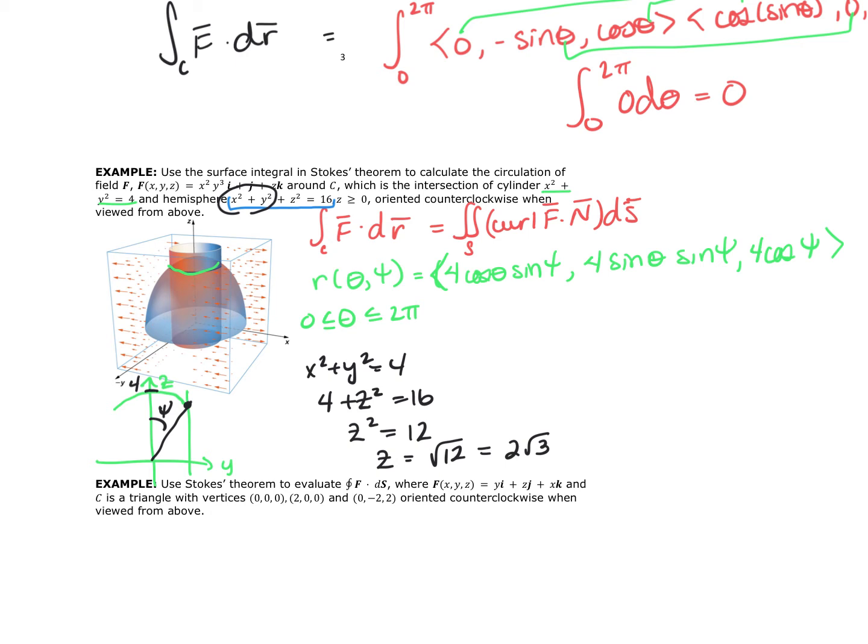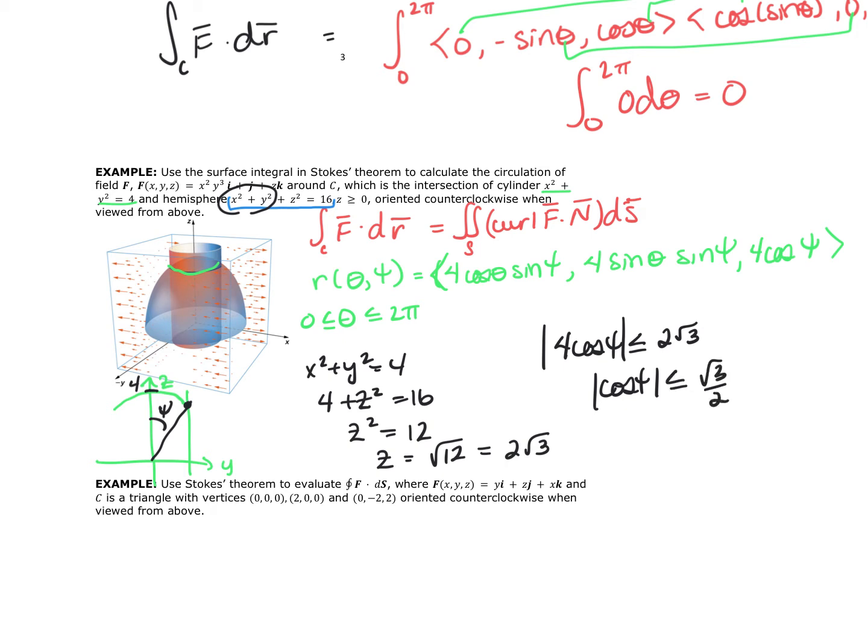Now, my 4 cosine of phi, the absolute value of this, is going to be less than 2 square root of 3, because that's going to tell me where I'm going to cross. So in other words, I can divide both sides by 4. So the absolute value of the cosine of phi has to be less than square root of 3 over 2.